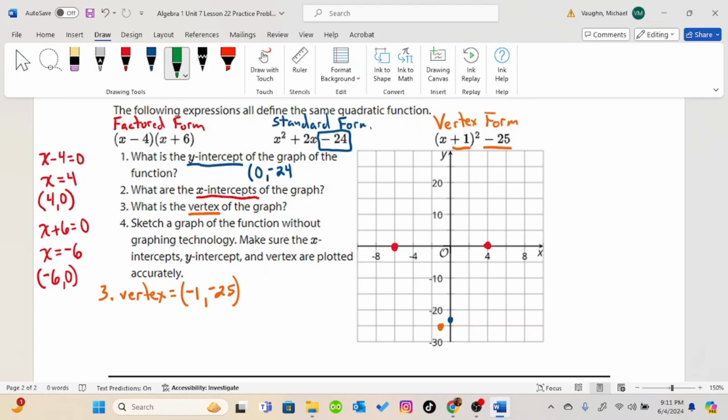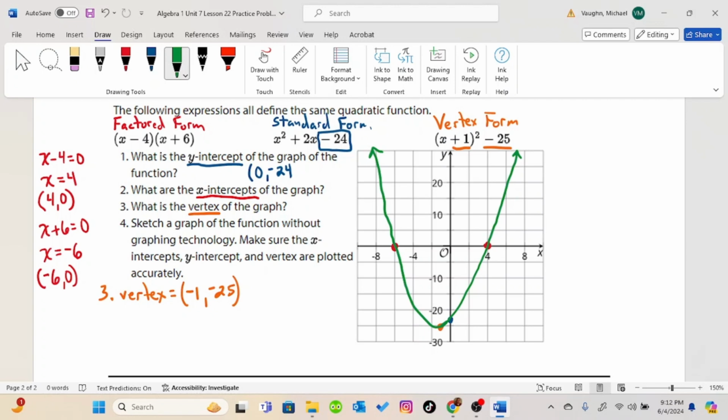So now we just need to connect these points and continue the parabola. And this is how you can graph your quadratic equations.